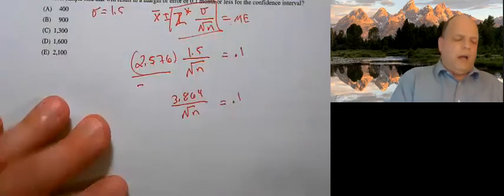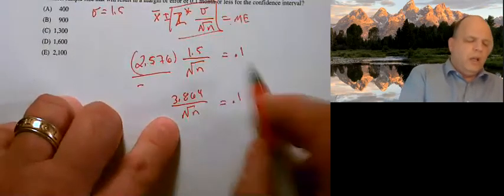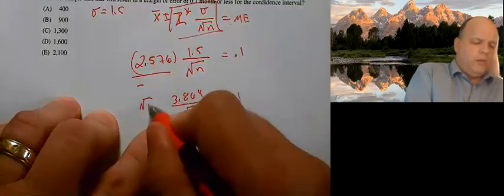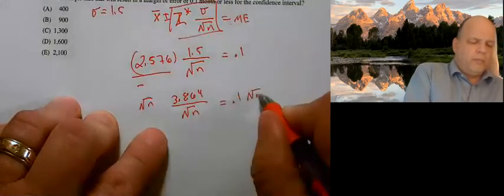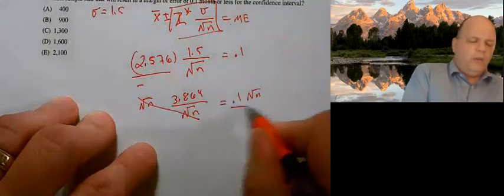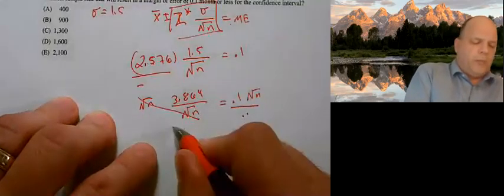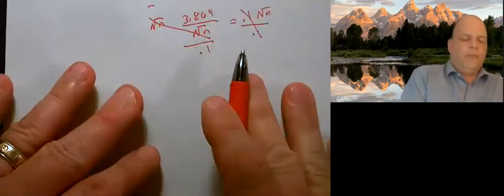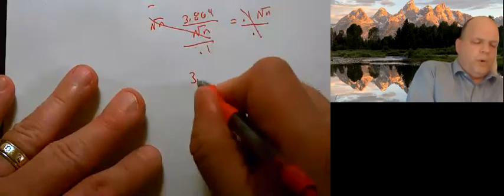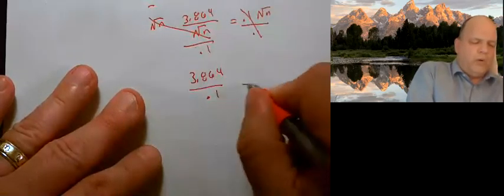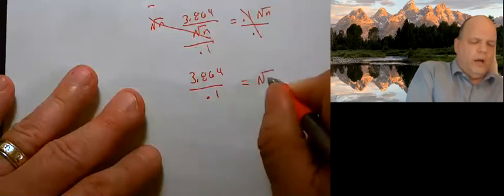Doing some manipulation, I can multiply both sides by the square root of n. This goes away. I'm going to go ahead and do this in the same step and divide both sides by 0.1. So now I have 3.864 over 0.1 equals the square root of n.